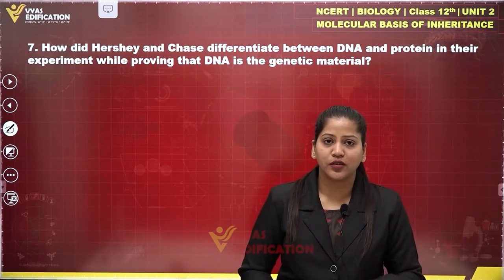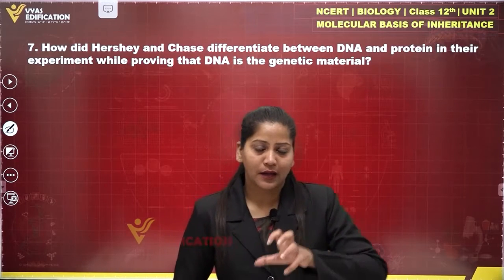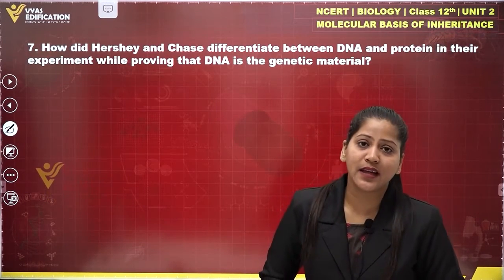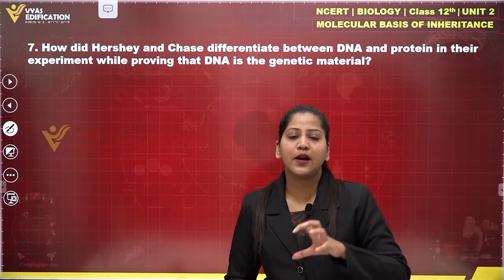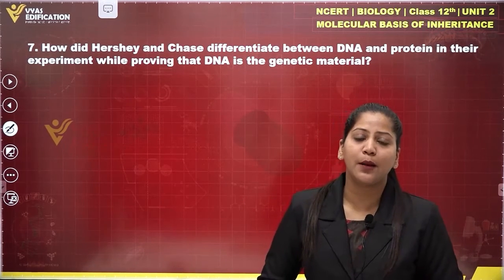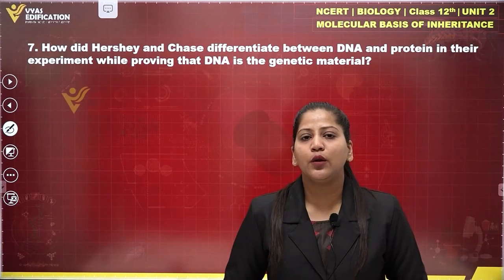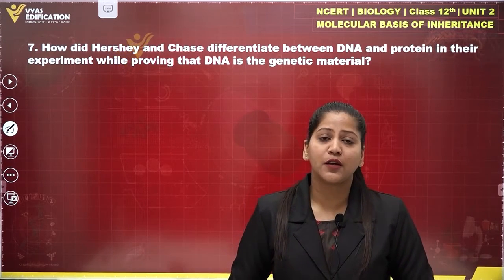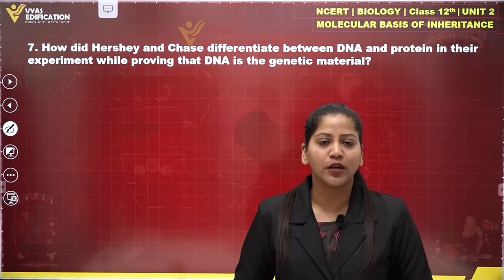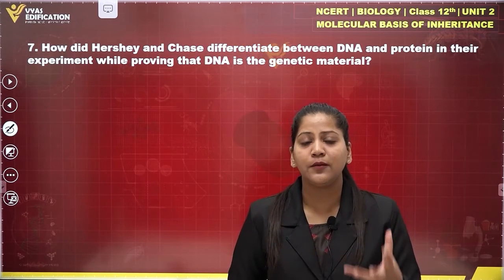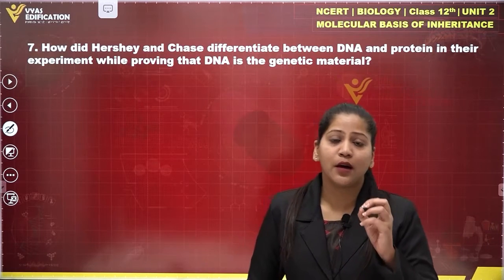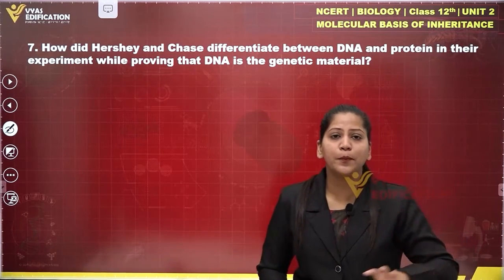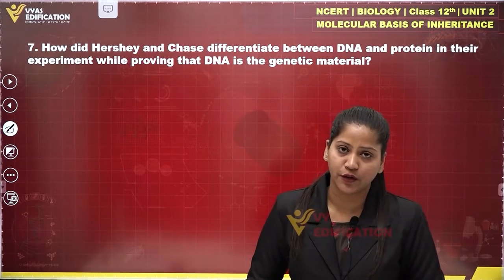After infection, they took samples for analysis and separated the bacteria and viruses with the help of centrifugation. Bacteria are larger in size, so they formed a solid pellet at the bottom, and the viruses remained in the supernatant.